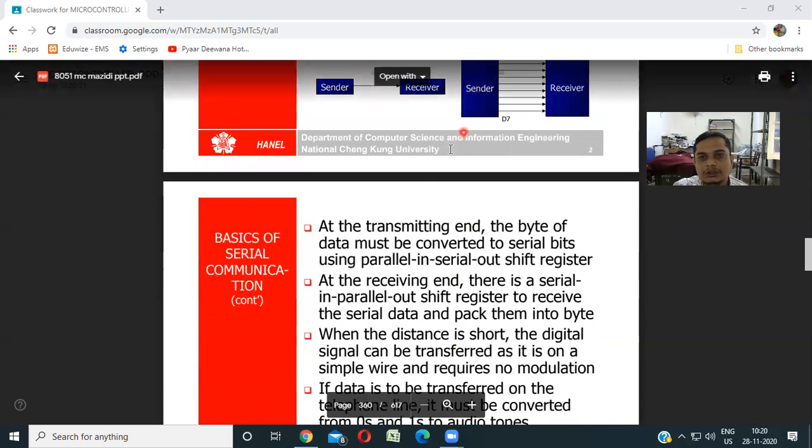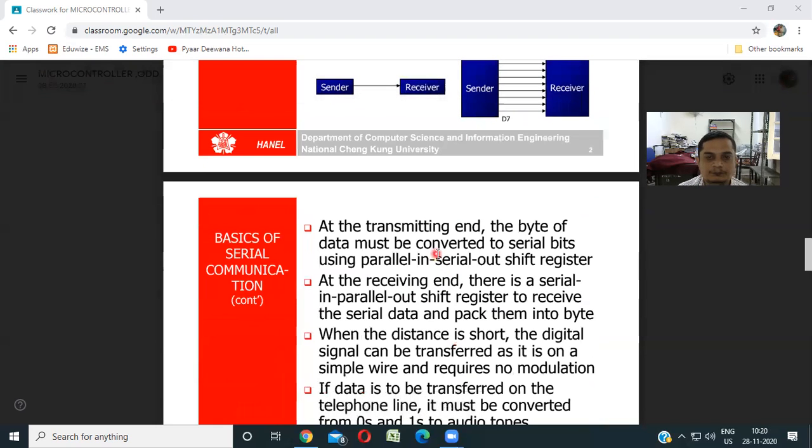The data processing in any device's CPU is in parallel. Remember, all the data within the architecture are processed in parallel, but we want the data to be sent in serial. So at that time we require a register which is used to convert the data present in parallel into serial out. That is called a parallel-in, serial-out shift register.